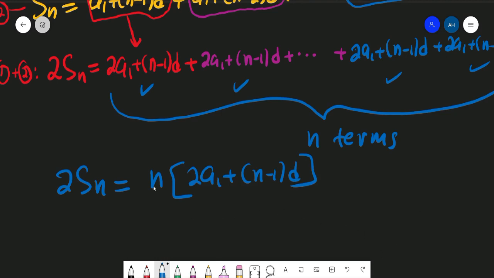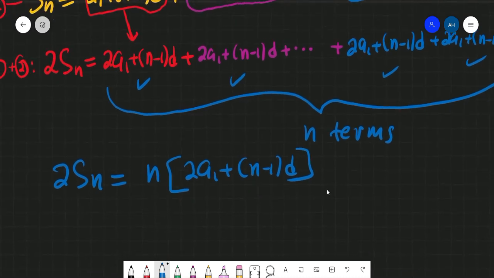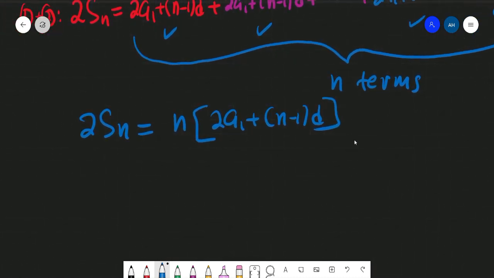We have n number of the terms in the bracket. We are adding the terms in the bracket n times, or we can multiply. It's the same meaning: repeated addition can be written as multiplication. So we want to find Sn.